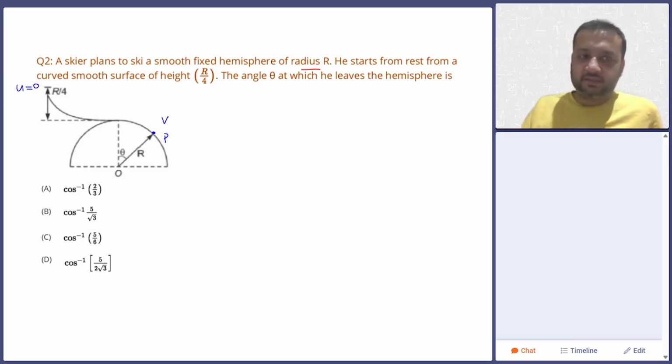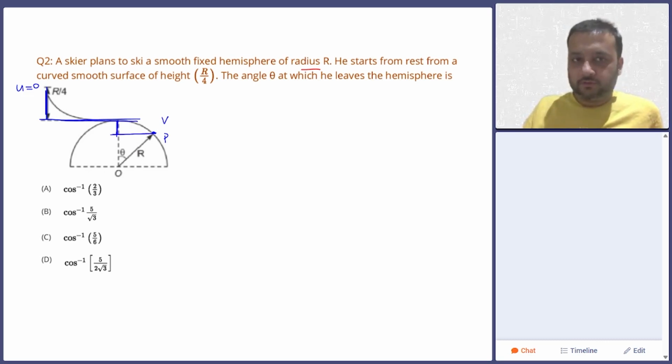By energy conservation, loss in the potential energy is equal to gain in the kinetic energy. Let us see how much height he has come down. First, he has come down this r by 4 height. So when he reaches this level, he is already r by 4 down, and further he will come down by this much height.